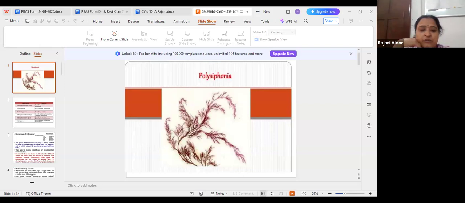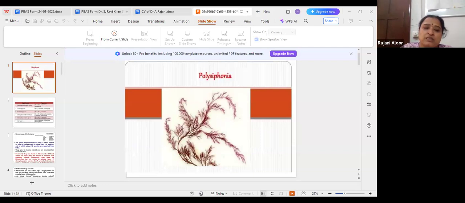You can observe a very small bush-like plant body. The height of the bush varies from a few to several centimeters. Each plant of Polysiphonia, in different species, has different heights. Some species are a few centimeters, some are several centimeters.